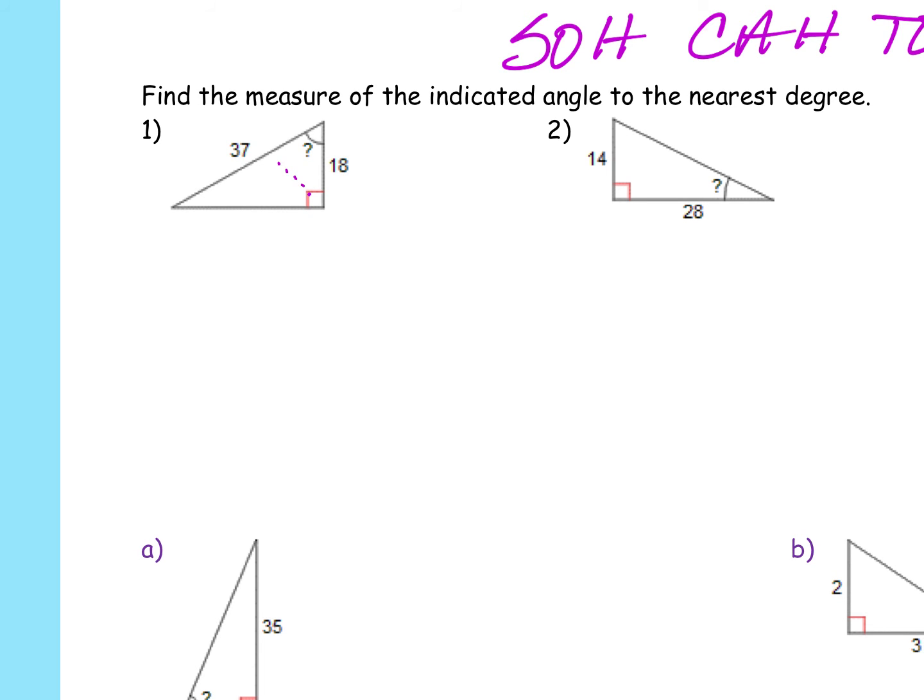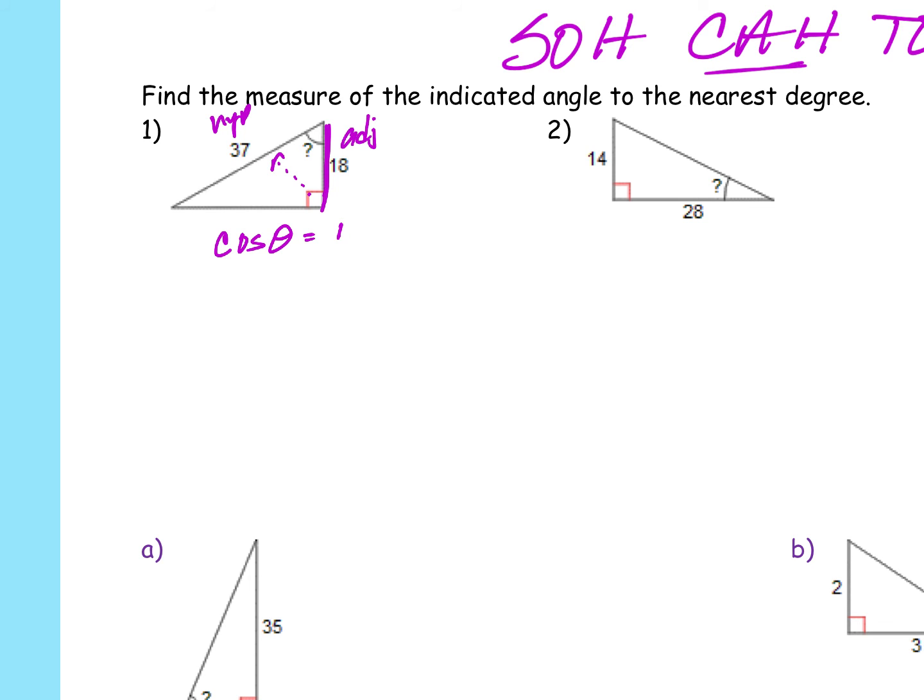Well, I know I have the hypotenuse, and I have the side adjacent. So that means I'm going to use cosine. I'm going to call this cosine of theta, because I'm not going to put cosine of question mark. So I'm going to call it theta. Hope you guys are okay with that.